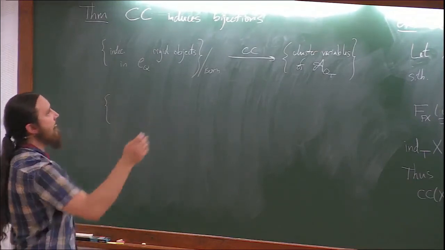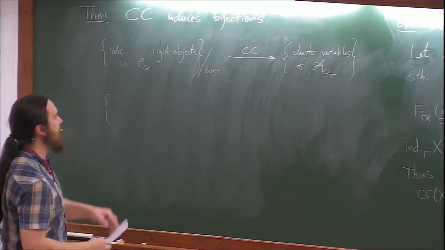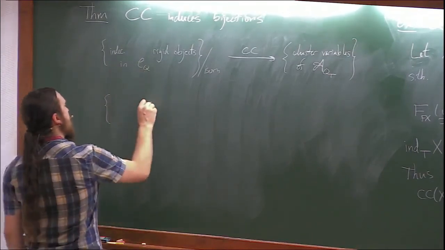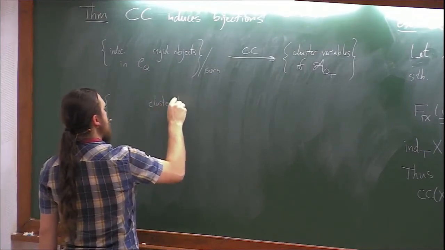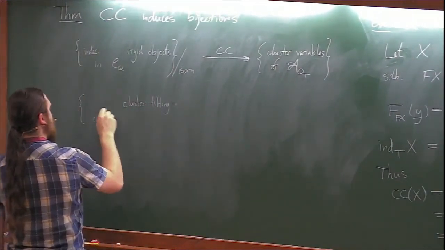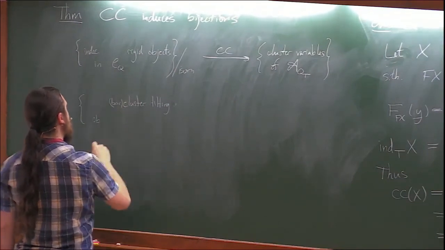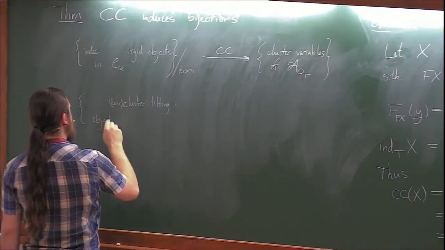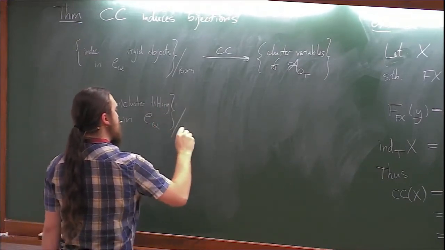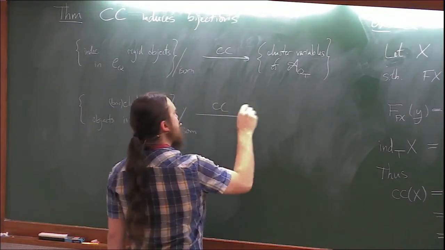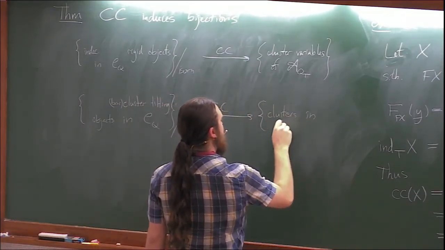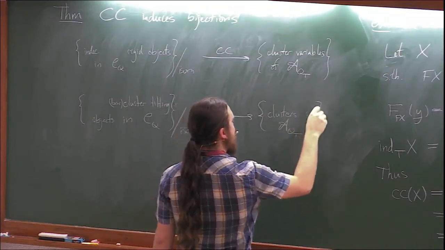And CC also induces a bijection if instead of taking indecomposable objects, you were looking at cluster tilting objects. Well, basic cluster tilting objects in CQ up to isomorphism, then if you apply CC, you get a bijection with clusters in the same cluster algebra.